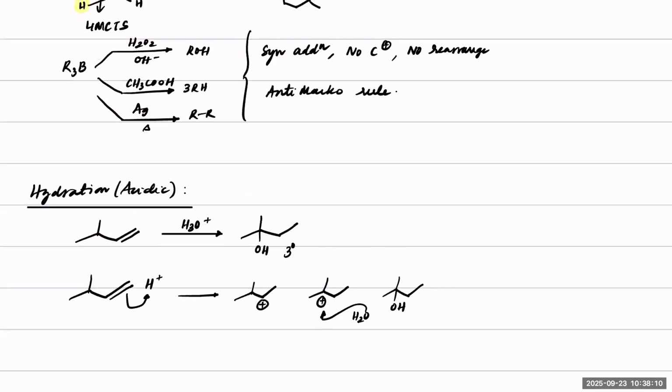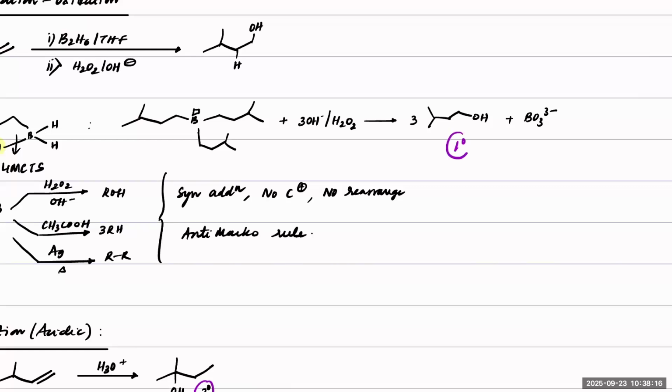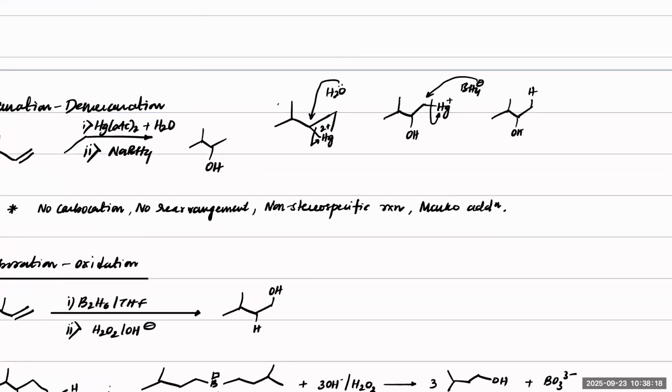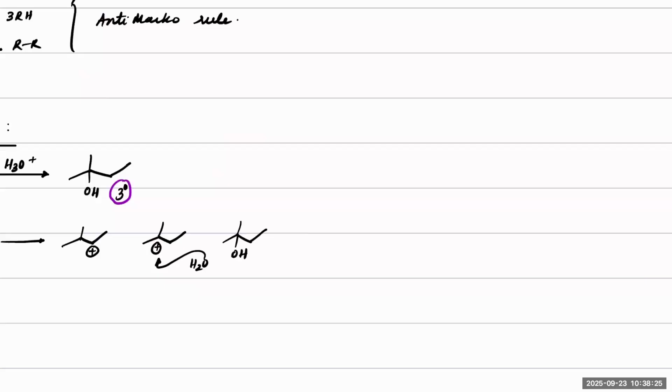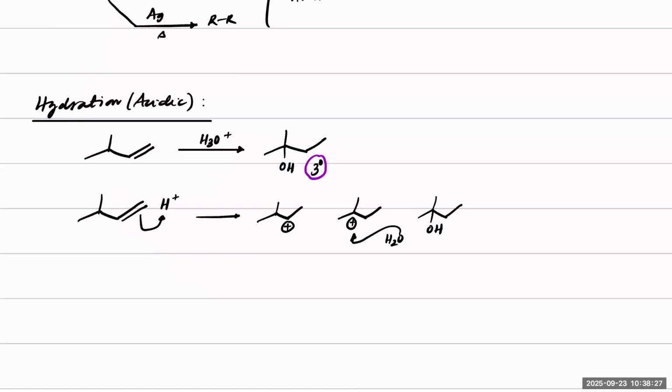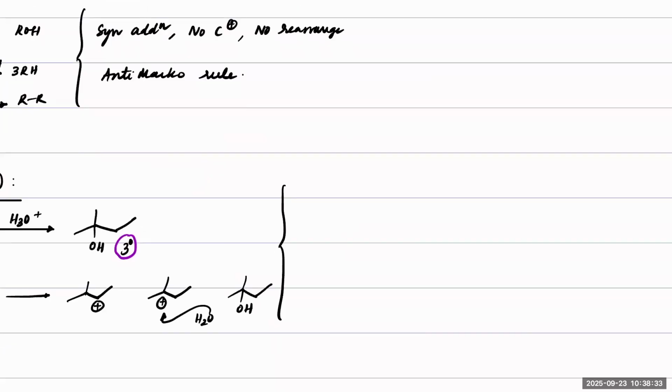In the whole, if you notice, we are getting a 3-degree alcohol here, a 1-degree alcohol here, and in here we were getting a 2-degree alcohol. So depending upon what is being used. What are the important points that we need to know in the simple hydration process? Here the hydration involves carbocation formation.